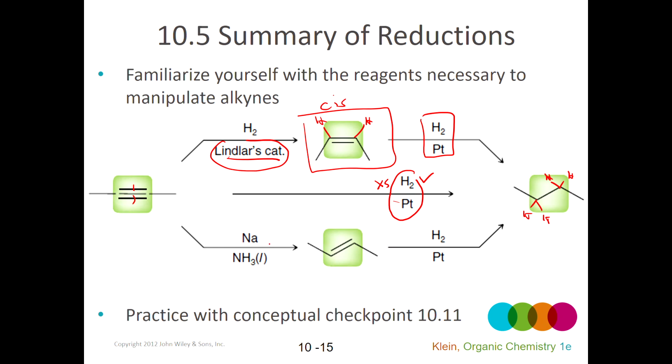And the reaction conditions we just talked about, where I'm using neutral sodium and NH3 as both my solvent and my weak acid, that would stop at the trans alkene. I could then further hydrogenate that to the alkane, but if I want to stop at the trans alkene, this is the set of conditions to do that. And that basically answers the next quiz question.